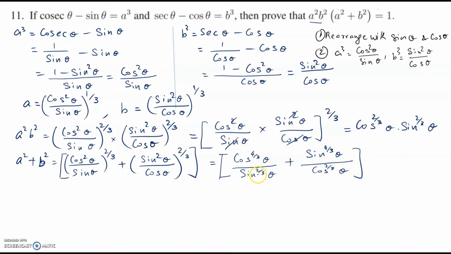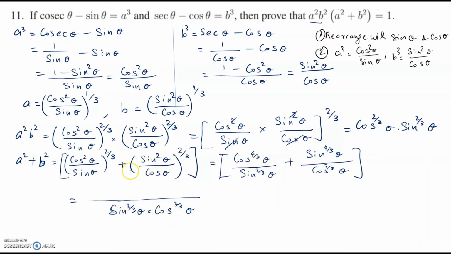So we take sin 2 by 3 theta and cos 2 by 3 theta as our denominator, then we have sin 2 by 3 theta into cos 2 by 3 theta as our denominator.